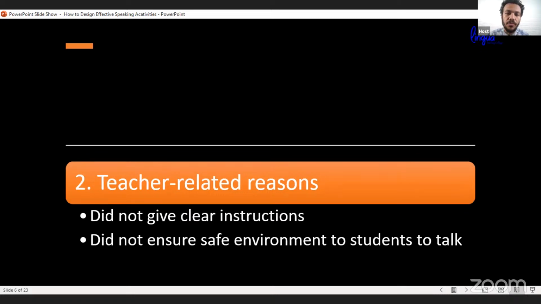The second type might be related to the teacher's side, such as not giving clear instructions, or the environment of the class not being safe. So if there is a mistake, the student is mocked and feels embarrassed because of the way of the correction from their peers or the teacher.